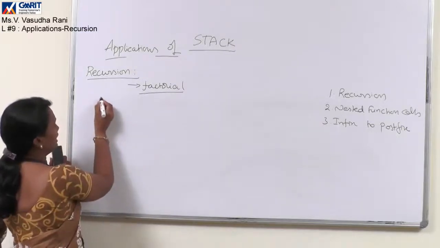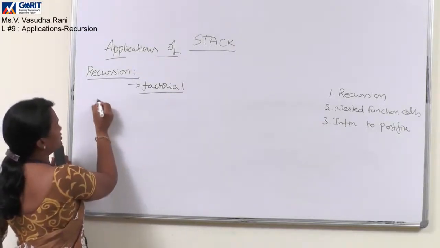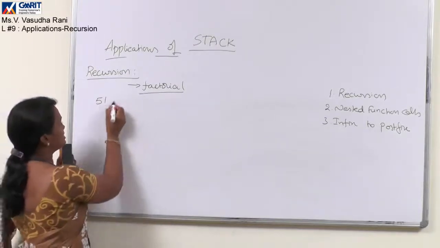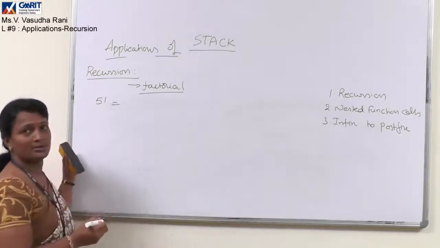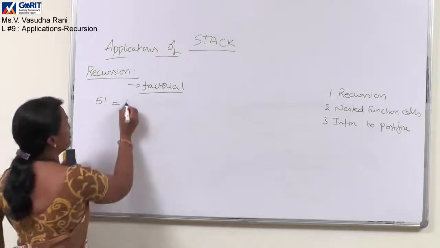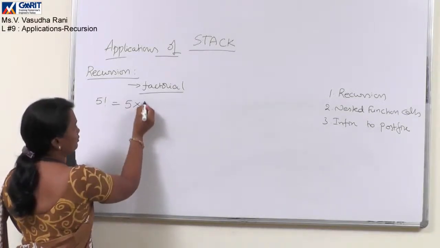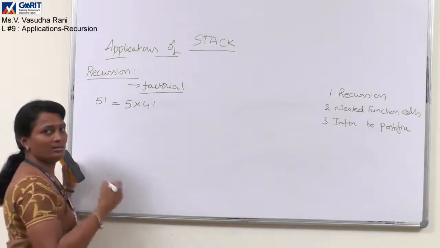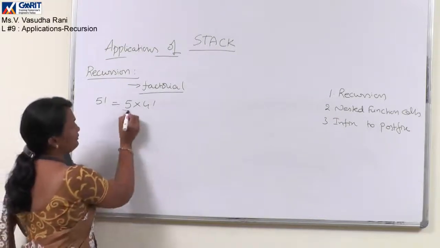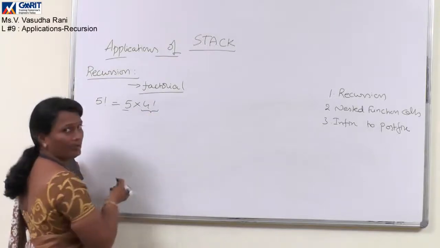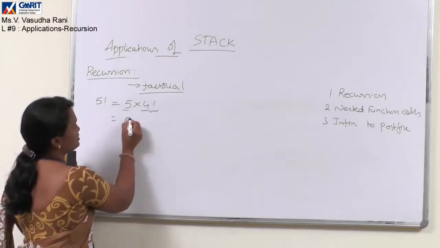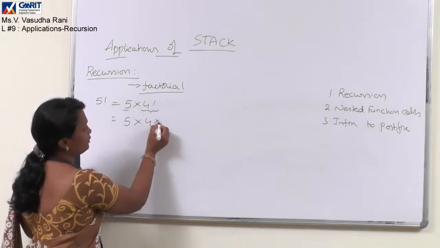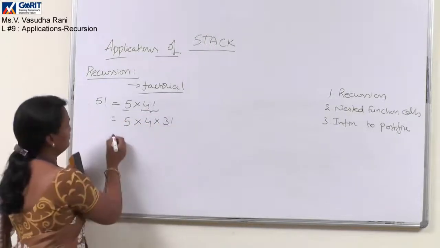We take factorial of 5. So it is 5 factorial we have to calculate. How is the process done actually in the calculation of factorial? It is 5 into 4 factorial. It's a recursive process. 5 into again factorial of 4 we have to calculate. 4 factorial can be defined as 4 into 3 factorial.